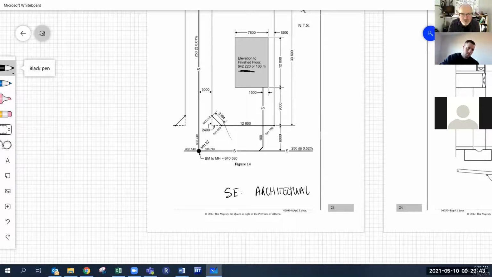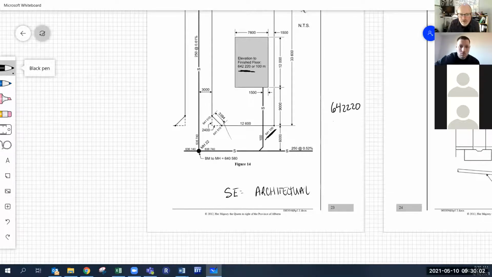Where's the southeast corner of the lot? There's the southeast corner. Yes. So let's find out how much that drops. 642,220 minus 641,330. How much does that drop?